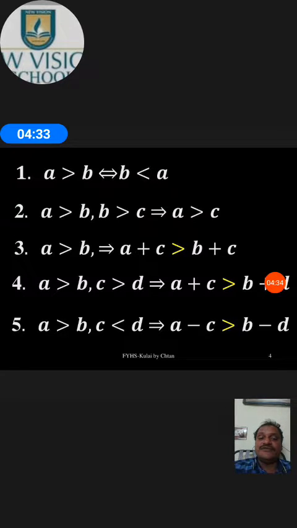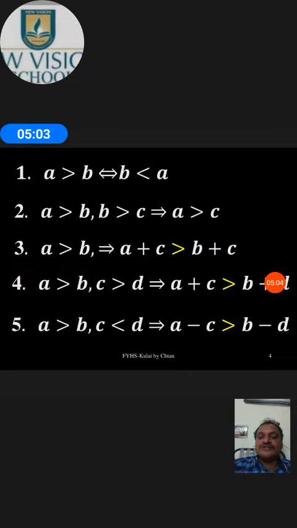And fifth one, we are having a greater than b and c less than d. See here, c is less than d, not greater. Then a minus c is greater than b minus d. It's a wonderful inequality, my dear students. You can observe.